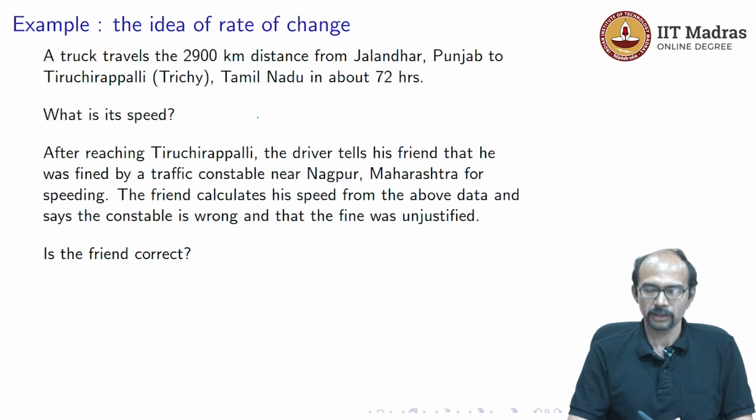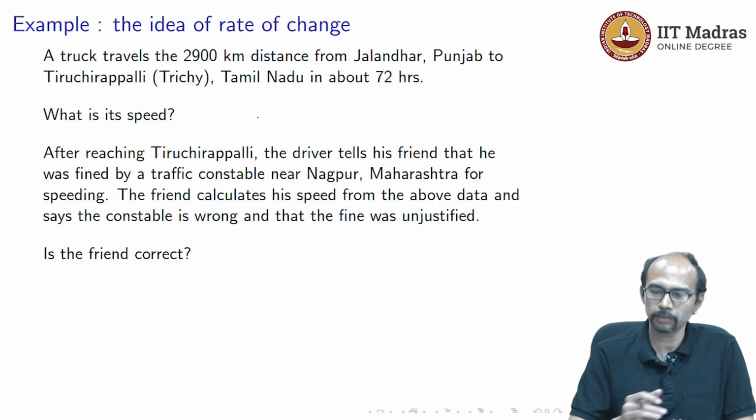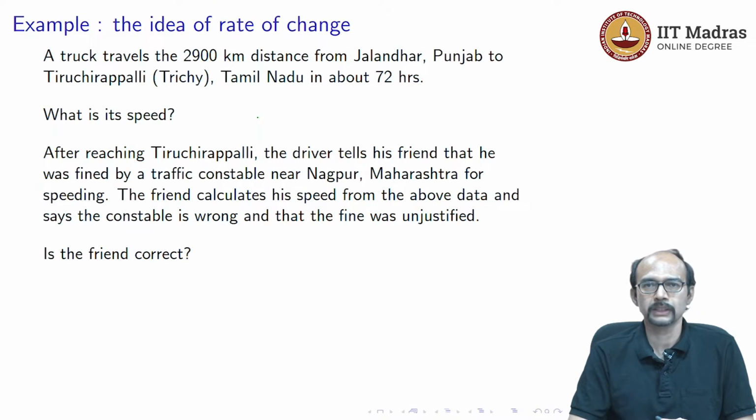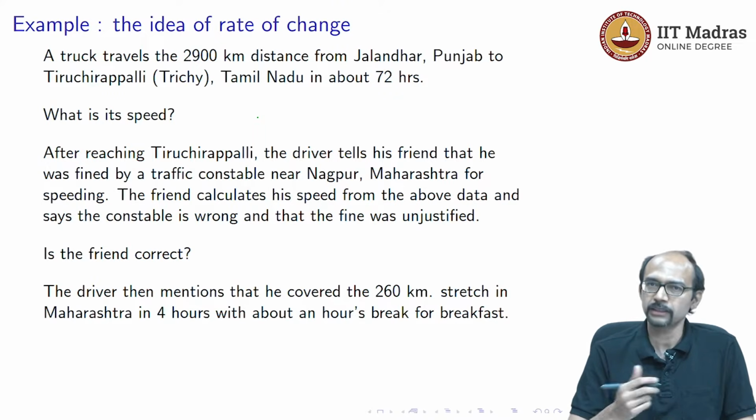Is the friend correct? From this information, can we really conclude that the speed of the truck whenever the traffic constable stopped the driver was 40 kilometers per hour? I think you probably will agree that the answer is no.